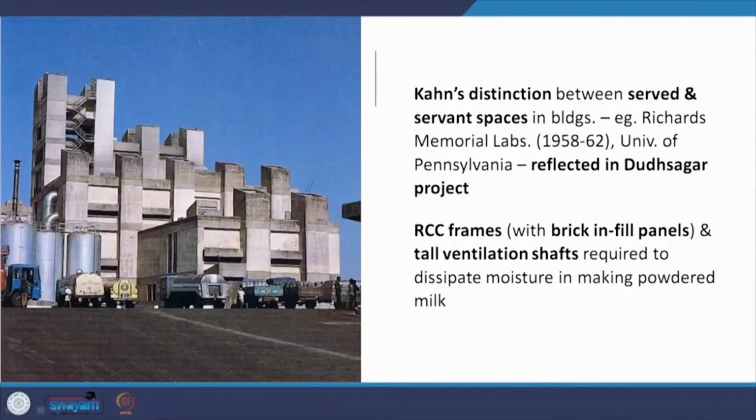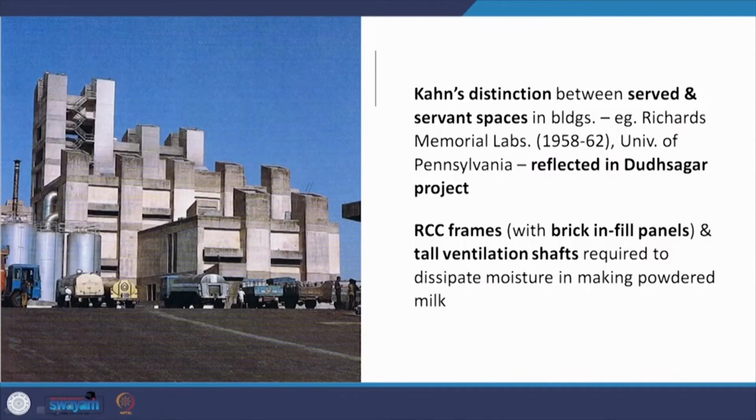That means the architect has embodied the technical aspect into a very aesthetic, sculptural or geometric form. Kahn's distinction between servant and served spaces that we find in the Richards Memorial Lab in the University of Pennsylvania is also reflected in the Dudhsagar project. Do make an attempt by taking the plan of the Dudhsagar project and identifying the served and the servant spaces.